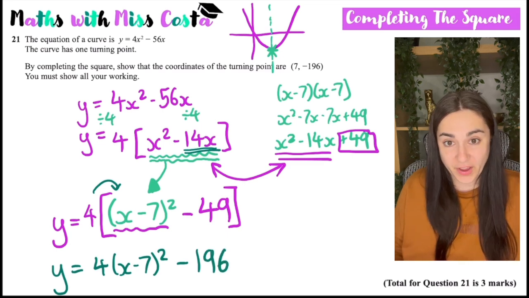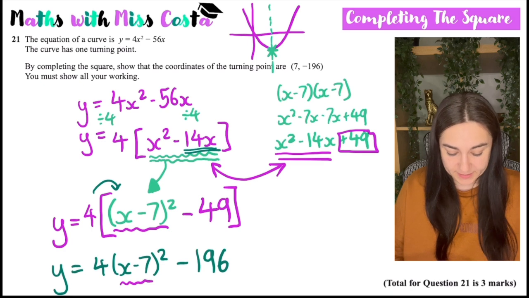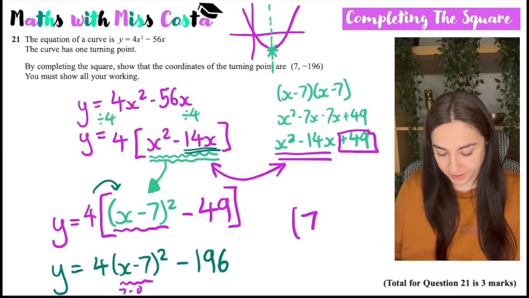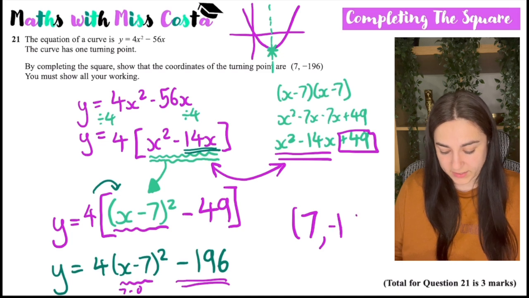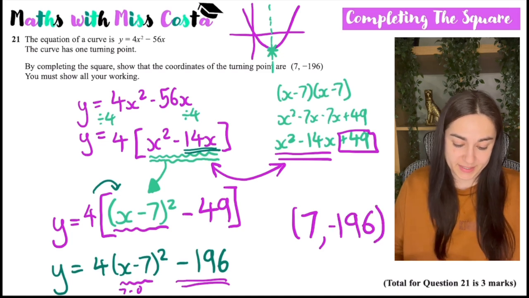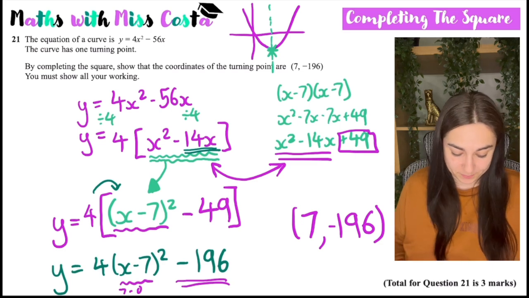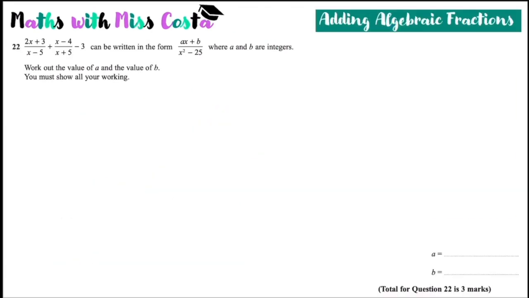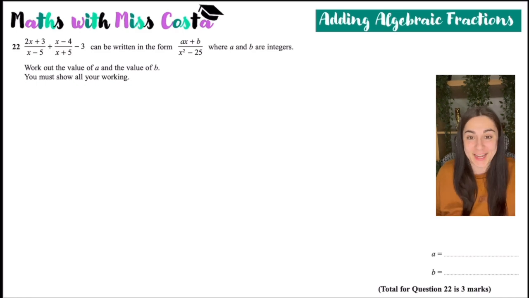Now remember that the turning point is going to be the inverse of whatever is in the bracket. You're trying to get the bracket to become 0. So 7 take 7 gives me 0. Therefore the x coordinate is going to be 7 and the y coordinate is minus 196. But all you need to do for this question is complete the square, because by completing the square, you show that they are.